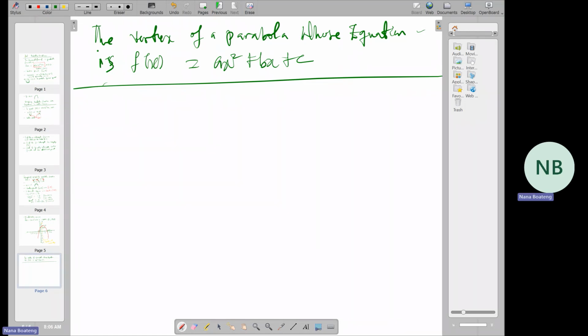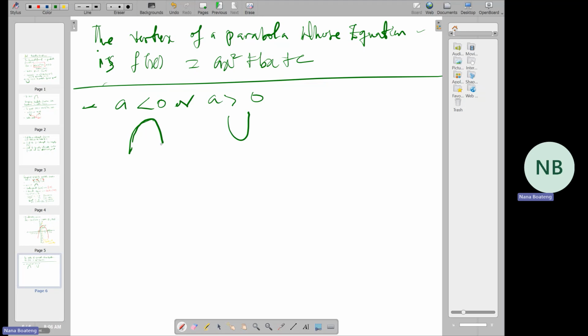When a quadratic function is given this way and you want to graph it, we have to determine whether a is less than 0 or a is greater than 0. If a is less than 0, then the parabola opens downward. If it is greater than 0, the parabola opens upward.